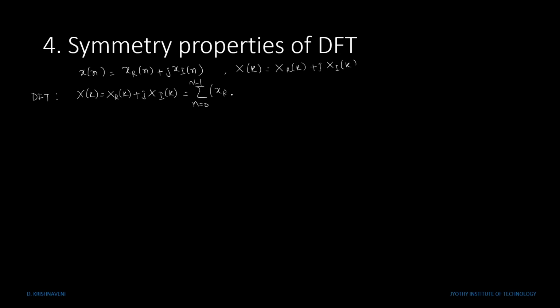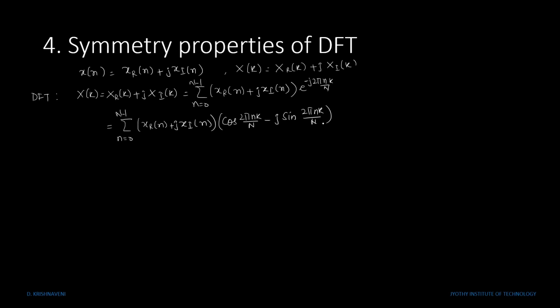So x of n, I'll write it as xr of n plus j xi of n, into W N to the power nk. W N to the power nk is e to the power of minus j 2 pi nk by N. So this is given by summation n equal to 0 to N minus 1 of xr of n plus j xi of n, into cos theta minus j sin 2 pi nk by N.